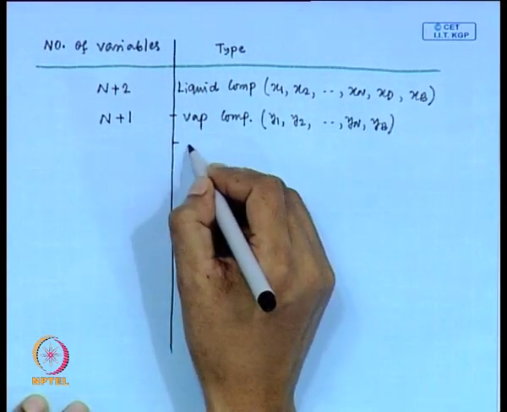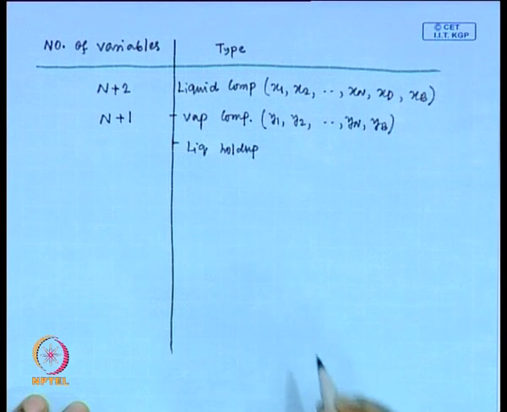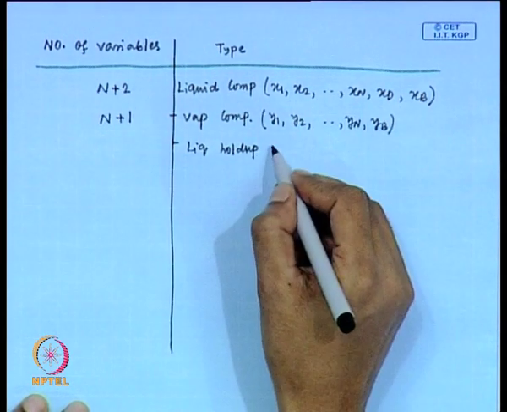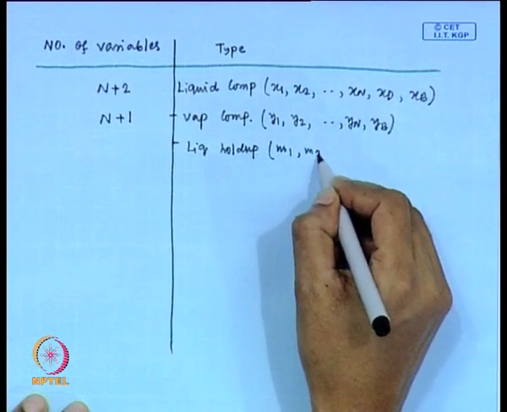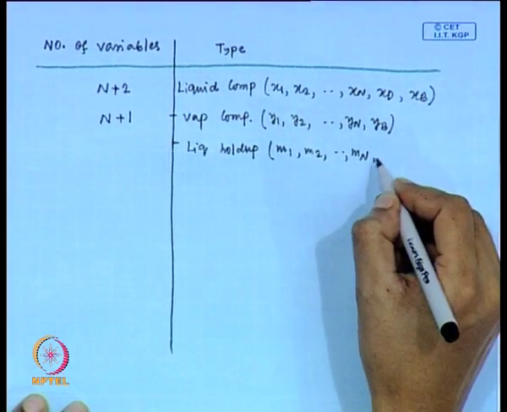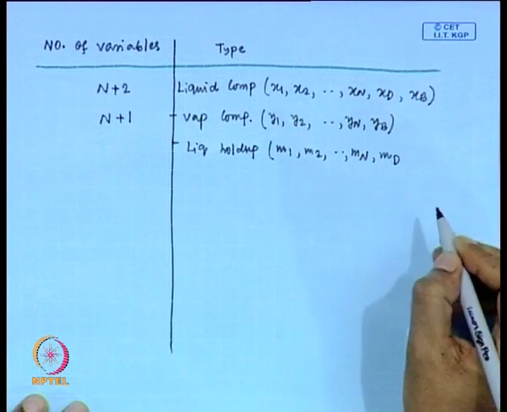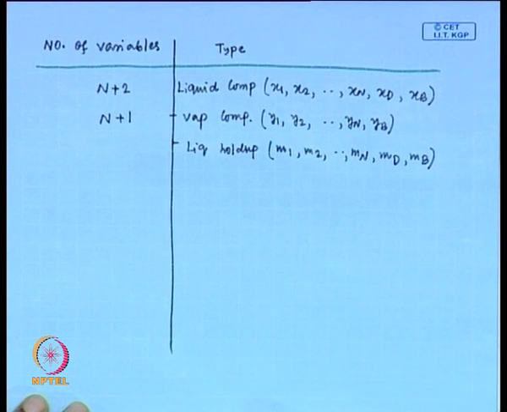Next one is liquid hold ups. Liquid hold ups, one for each tray, that means M1, M2 up to Mn, one for reflux drum and one for column base. So, n number of hold ups for n trays and 2 for reflux drum and column base, fine.